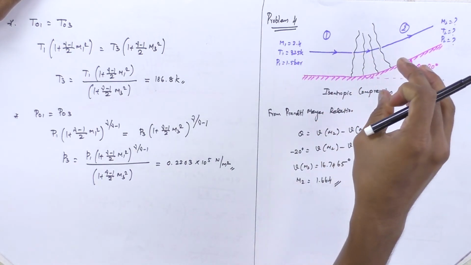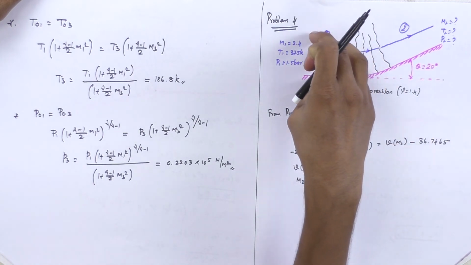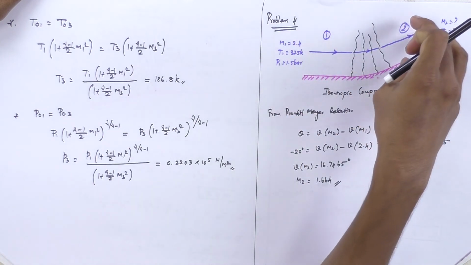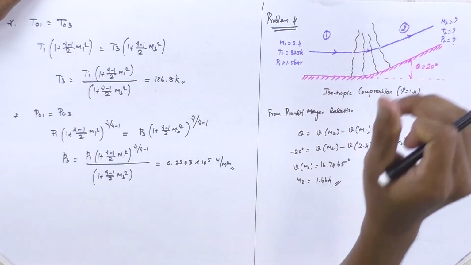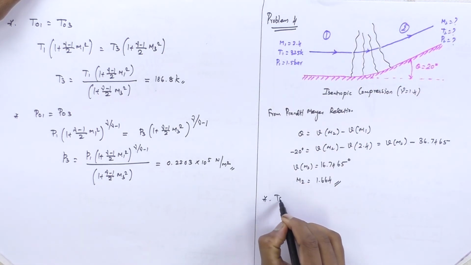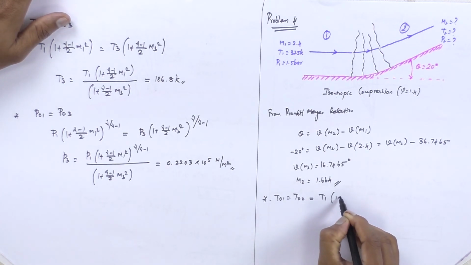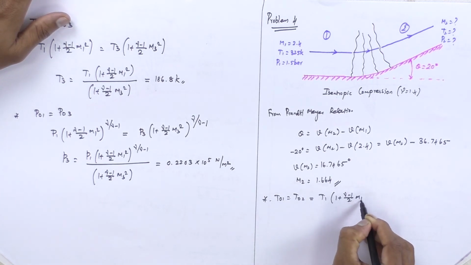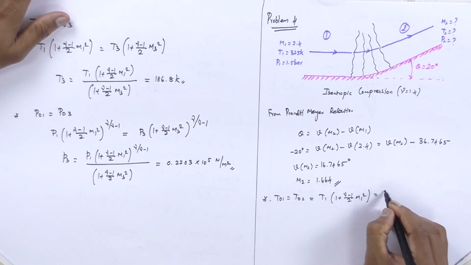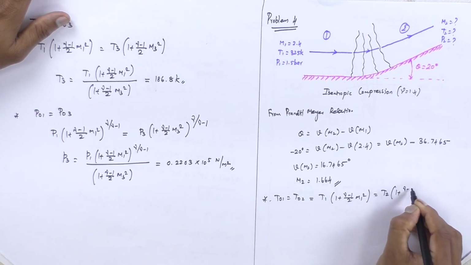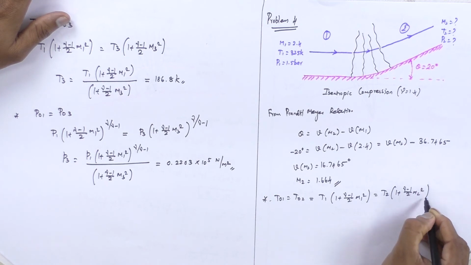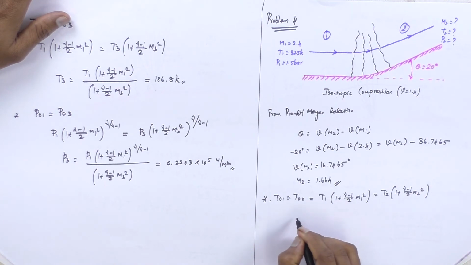Then we need to calculate T2 and P2 values. Whatever stagnation pressure and temperature are created here will be the same in region 2. So T01 will be equal to T02, which is T1 into 1 plus (gamma minus 1) by 2 M1 squared, equal to T2 into 1 plus (gamma minus 1) by 2 M2 squared. After the calculation we get the T2 value as 450 Kelvin. Similarly, P01 is equal to P02.